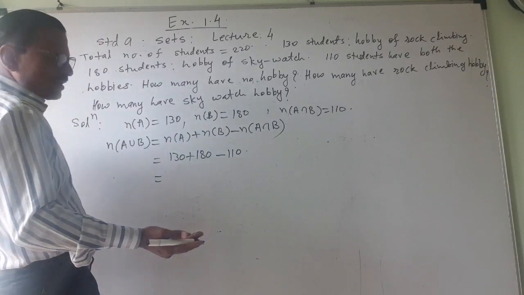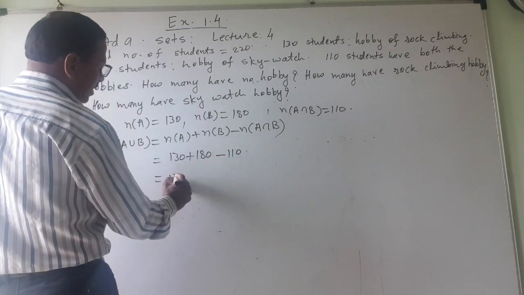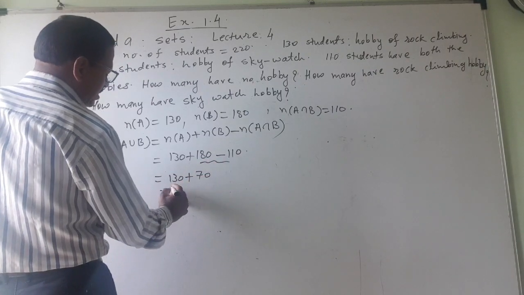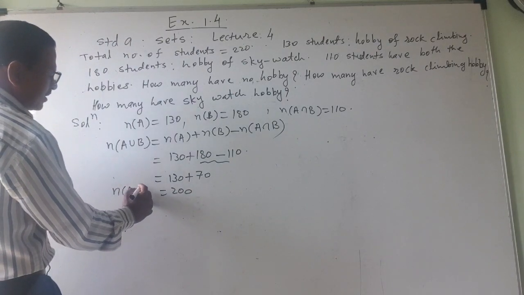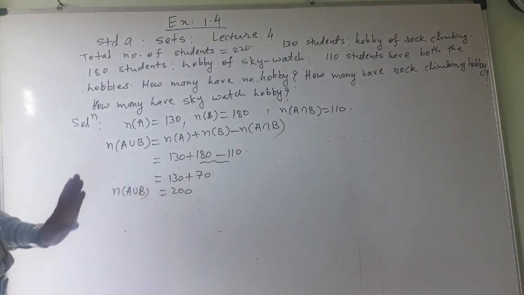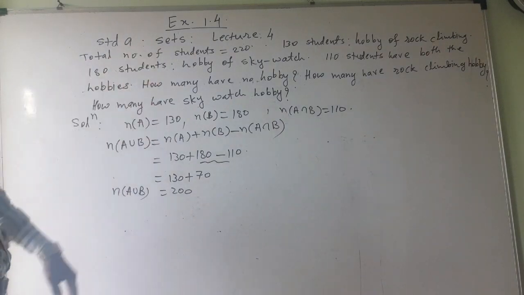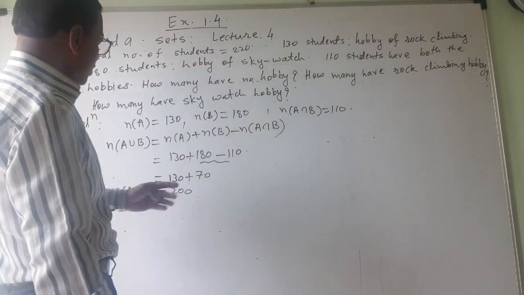So hope that you have understood this. Now subtract these two. So 130 plus 70, and then this is totally 200. N of A union B means these have either of the hobbies. The number of the students who do not have any hobby is 20 students. How many have no hobby? Remaining students.